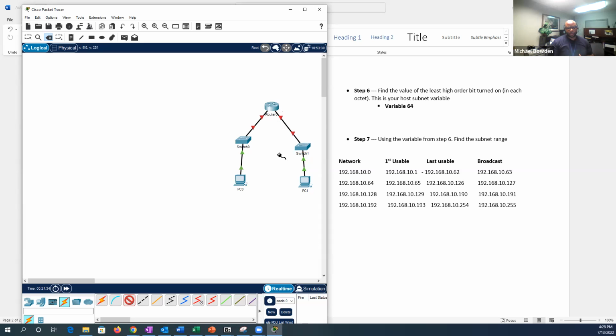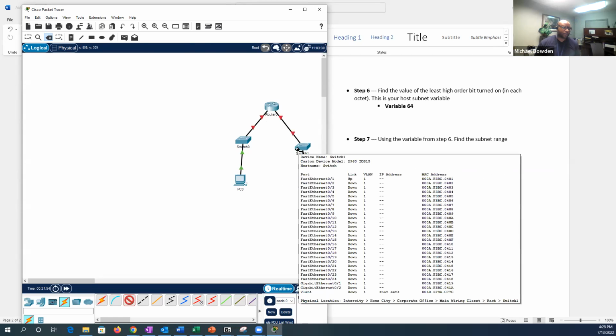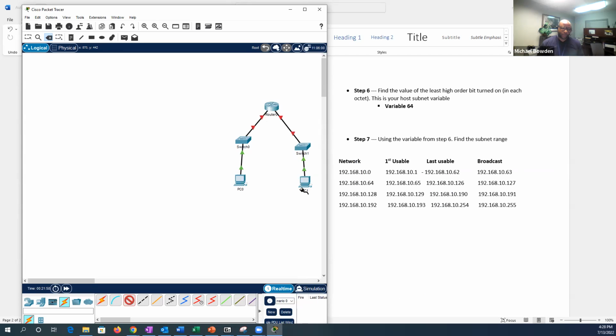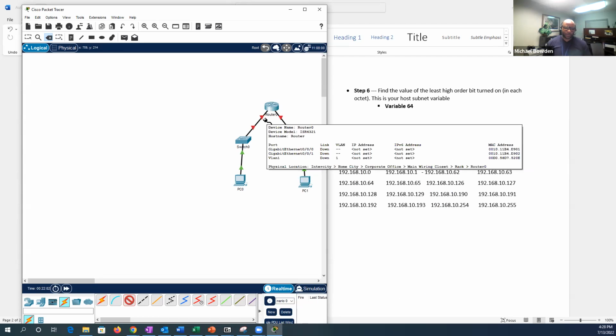So now for this end, we can take the second network that we created, assign it to this interface, and then as long as we use any of the usable addresses, we can assign them to the devices. Now, in most cases, you're going to see the first address is usually the router interface. The second address is going to be the switch virtual interface, the SVI. Then you have your PCs. So that's usually how it's done.